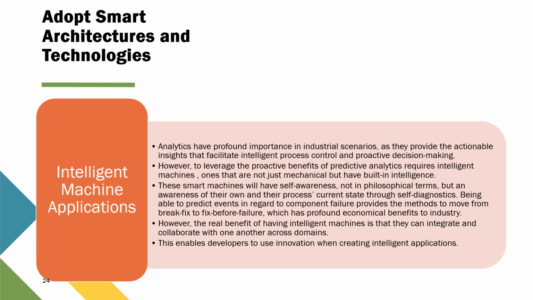However, the proactive benefit of predictive analytics requires intelligent machines, where we want to minimize the monitoring of all the data, and we want the machines to have self-awareness of the error, or of their performance, on their own.